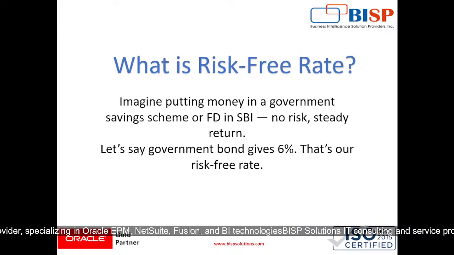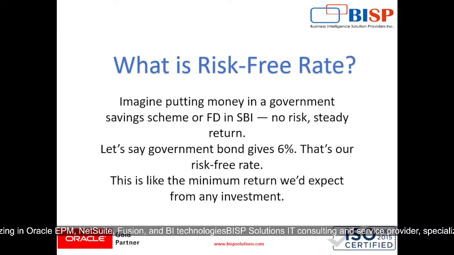So this government bond is our RBI government bond, which gives a 6% interest rate without any other charges, and it is also risk free, that a person will be getting a minimum 6% rate of interest on the bond he has taken, right? So this is like the minimum return you would expect from any investment where you have invested, right?